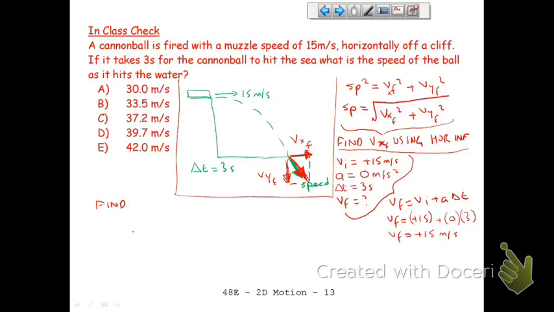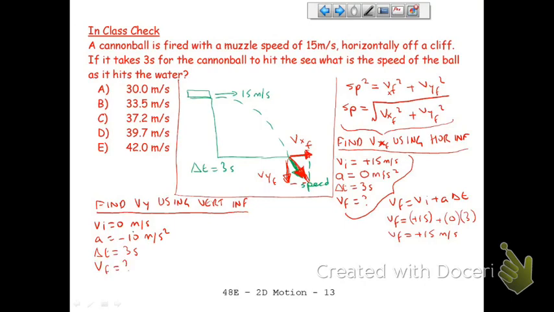Find Vy using vert inf. Vi equals 0 meters per second. A is equal to minus 10 meters per second squared. Delta t is equal to 3 seconds. I want V final.